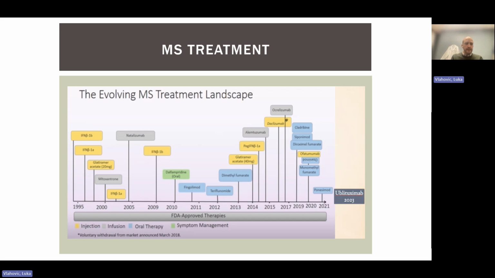Here in yellow are injections, in gray are infusions, and blue are pills. So they're very different modes of administration. And I just added ublituximab, or Briumvi, as the last one, FDA approved last year. That is also an infusion. And we will touch upon them on the next few slides.